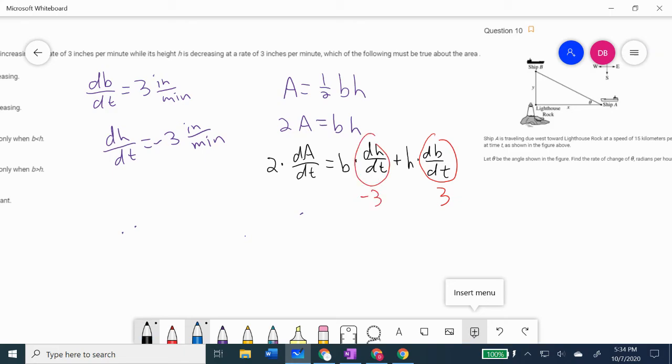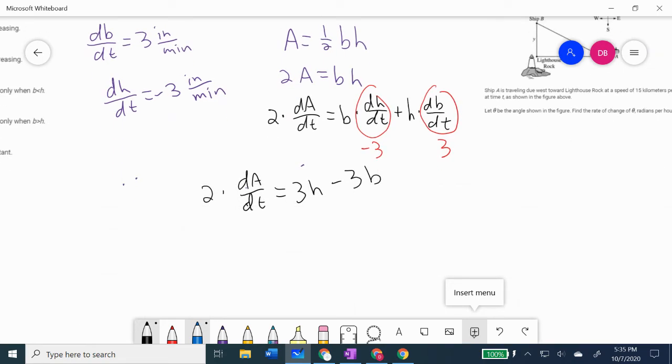That is going to give me 2 times dA/dt is equal to, and I'm going to switch that subtraction around, so 3h minus 3b. I can factor 3 out.